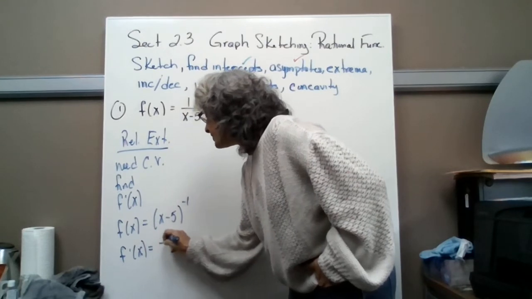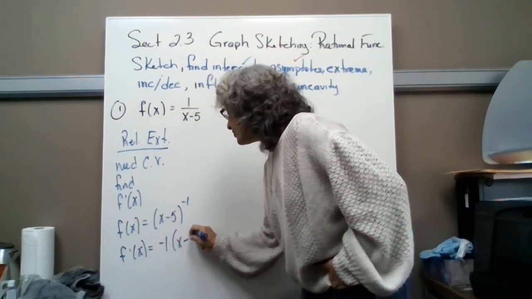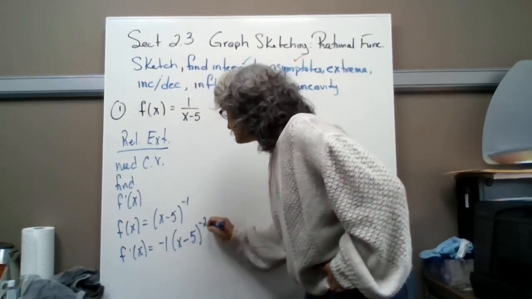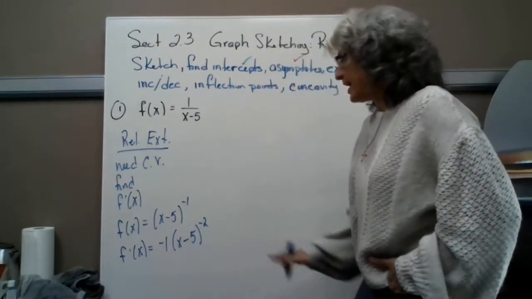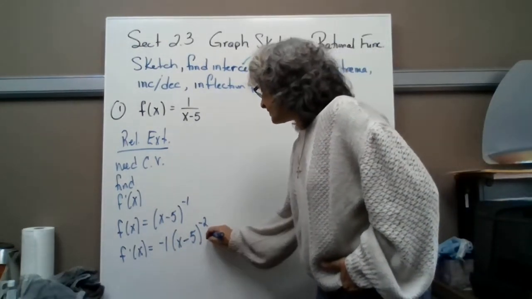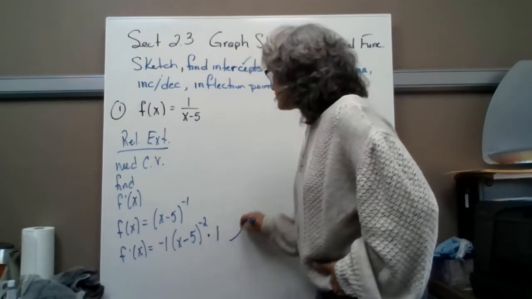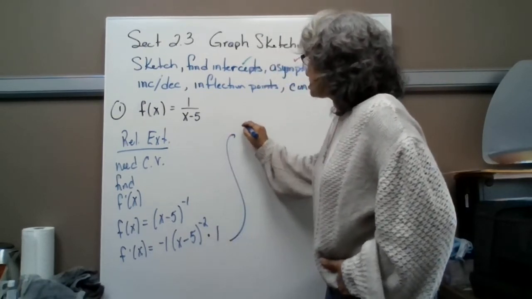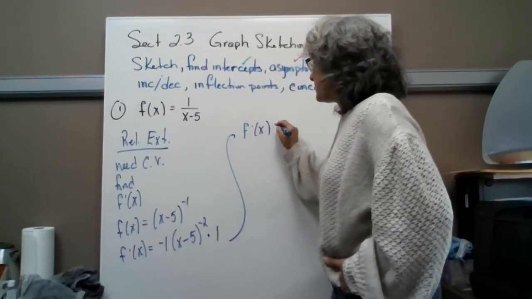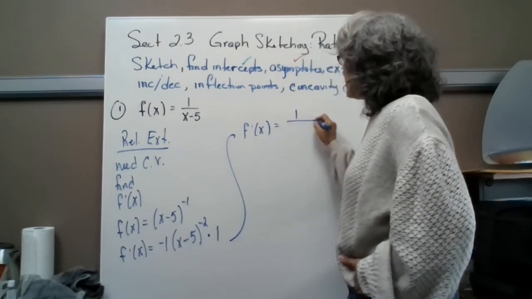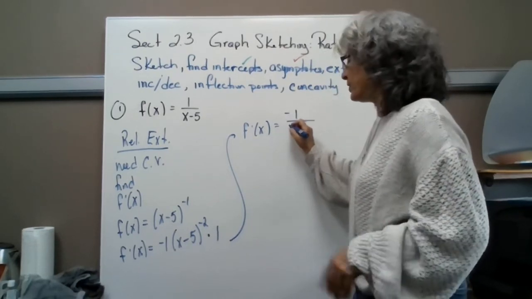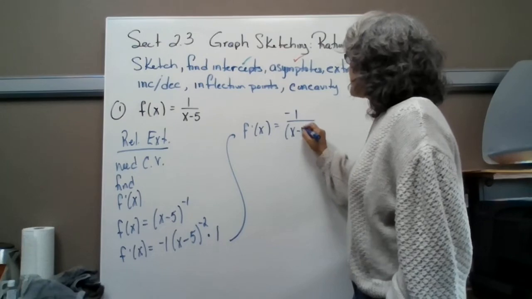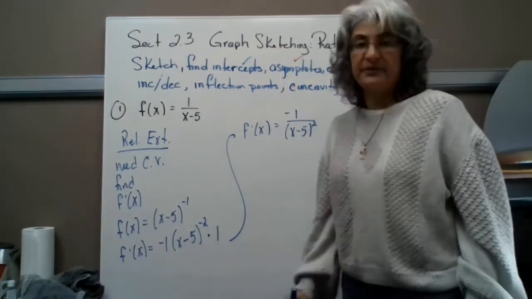So down comes the power, reduce it by 1, and then take the derivative of the inside, which is going to be 1. So my first derivative is going to be negative 1 over x minus 5 to the second power.